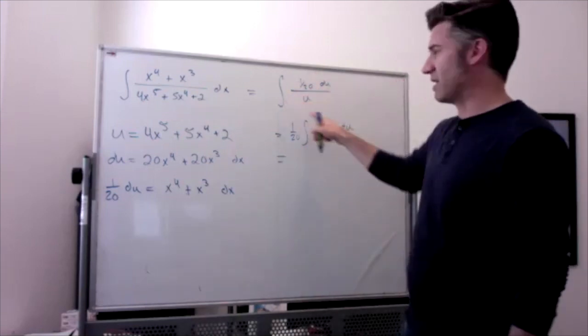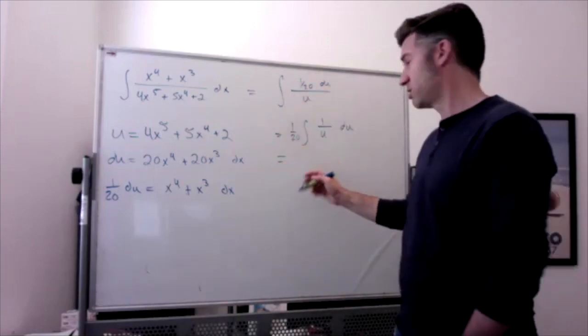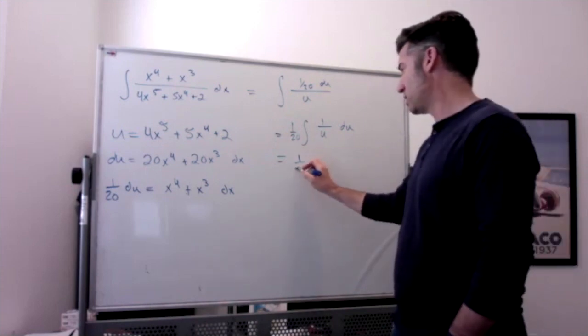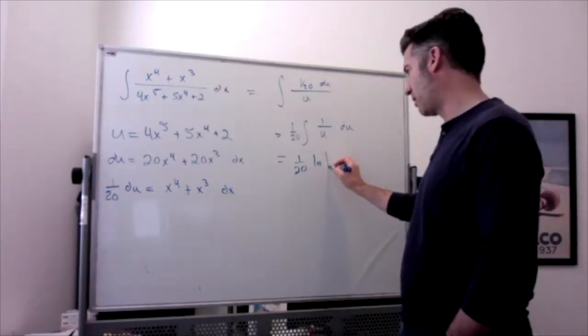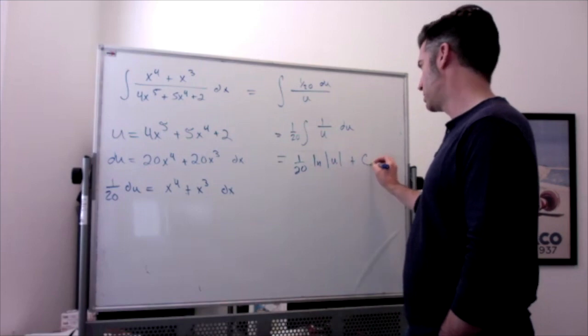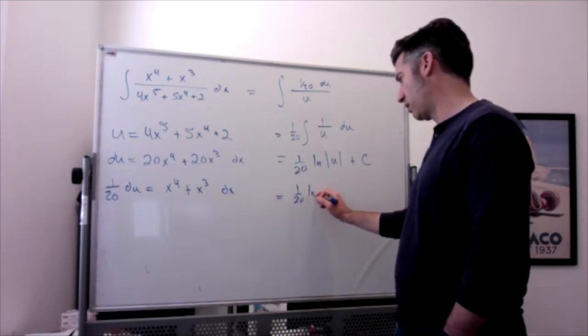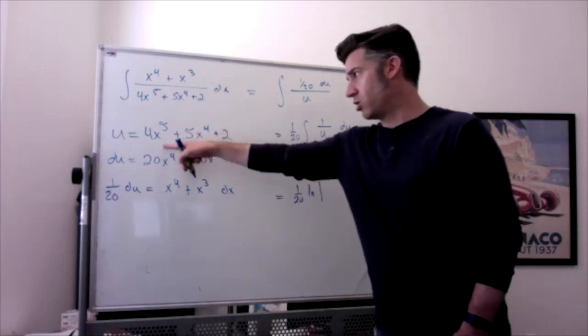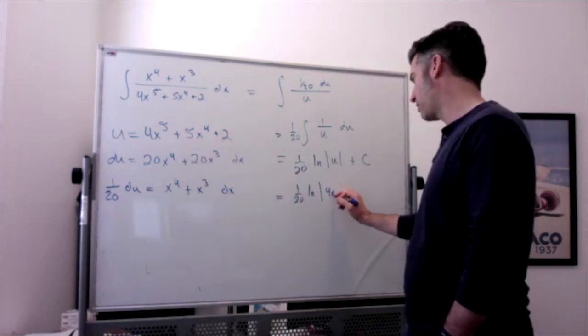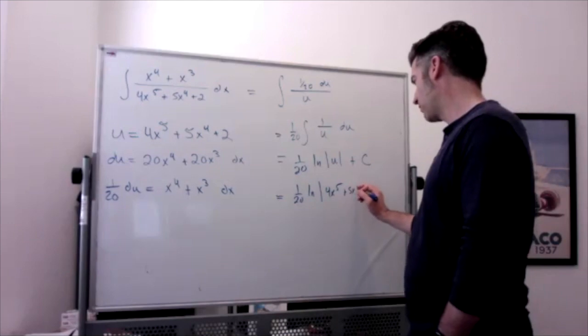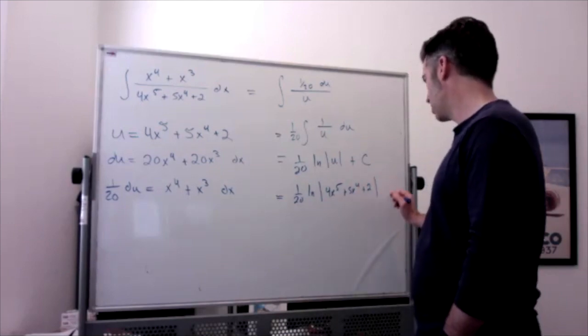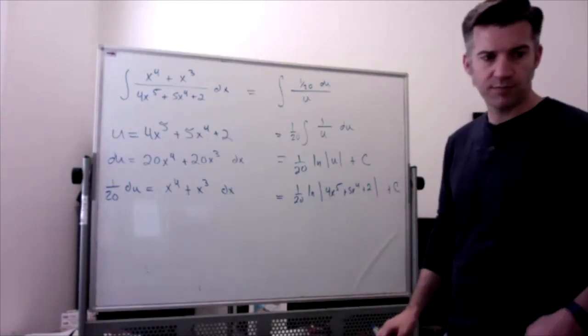For some reason, writing it the other way makes it less clear, to me at least. That's 1/20th the natural log of the absolute value of u plus c. And that's going to be 1/20th the natural log of the absolute value of 4x to the fifth plus 5x to the fourth plus 2, plus c.